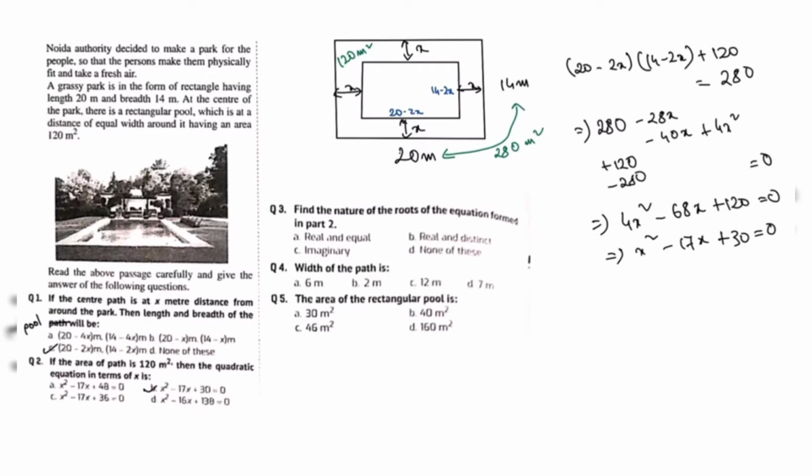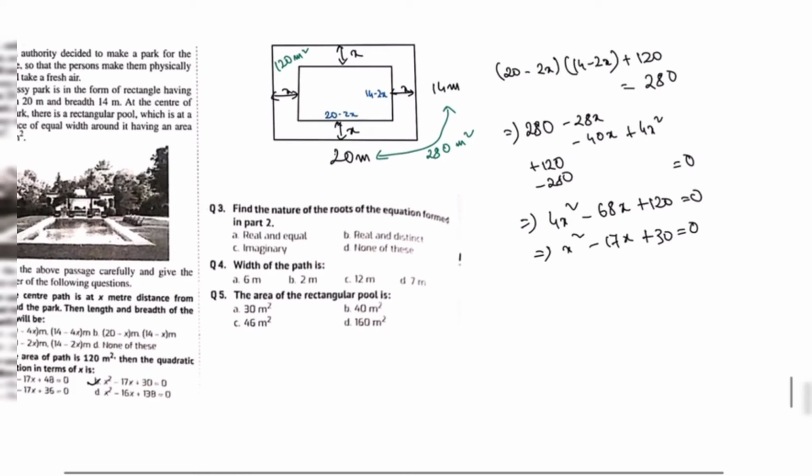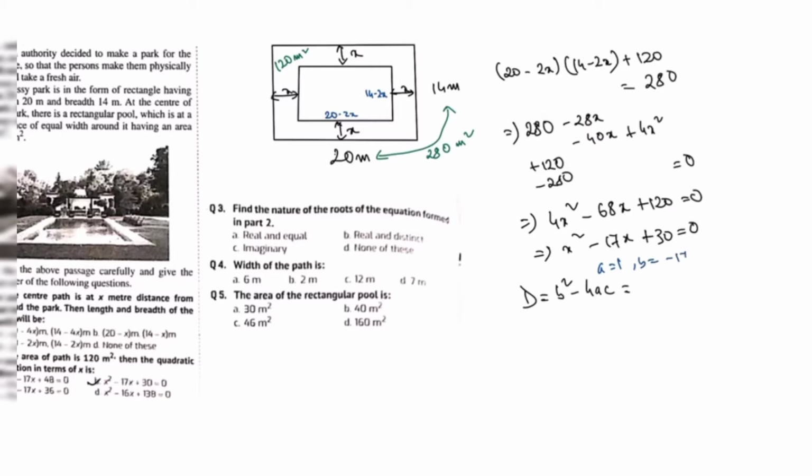Find the nature of the root. So you have to find the discriminant again. So D equals b square minus 4ac. So quickly, here a is 1, b is minus 17, c is plus 30.